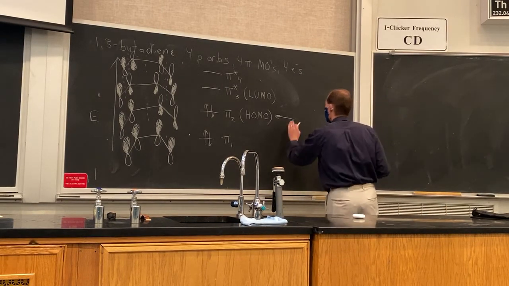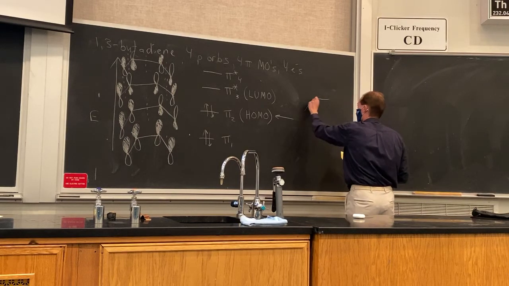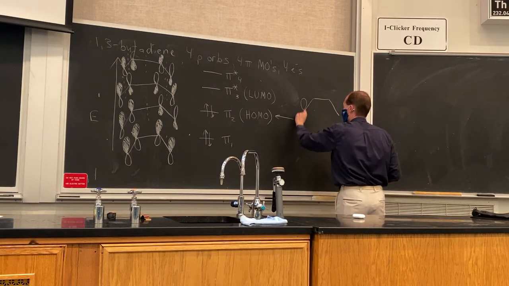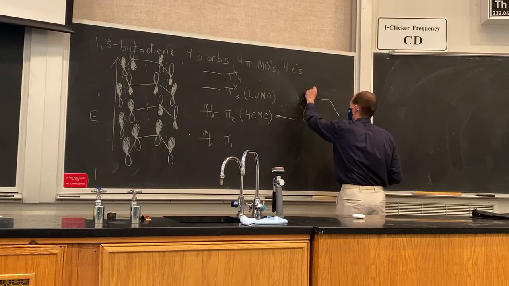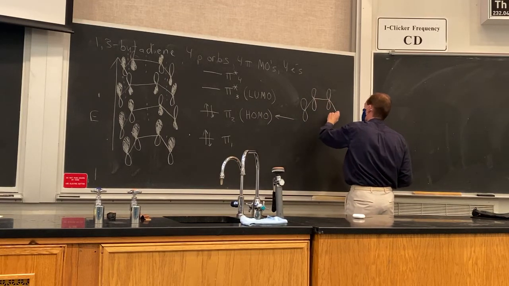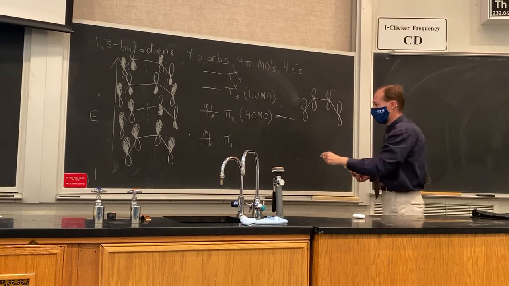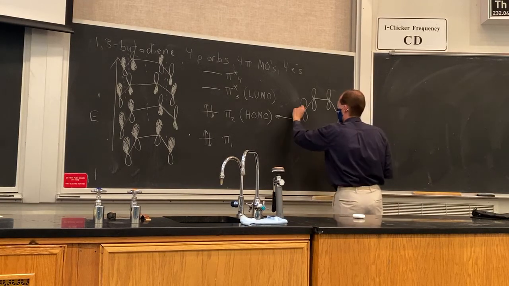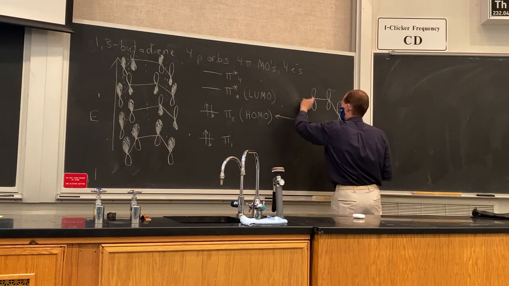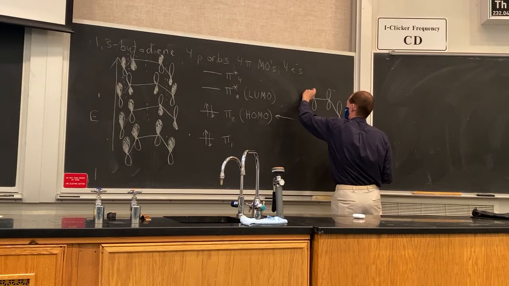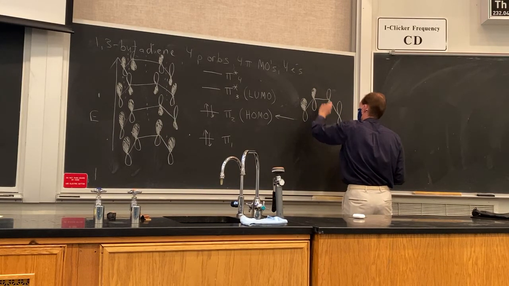We'll draw this over here. So we'll draw the HOMO of our diene, 1,3-butadiene. We'll draw that like this. Okay.